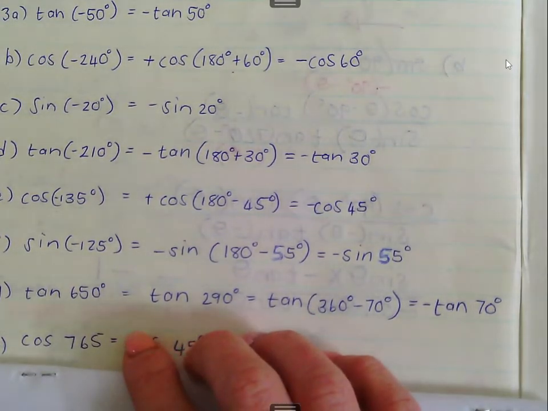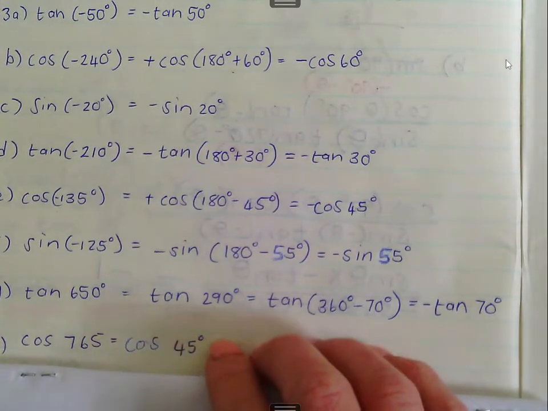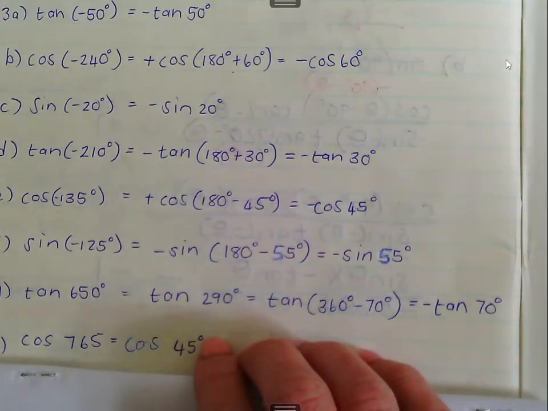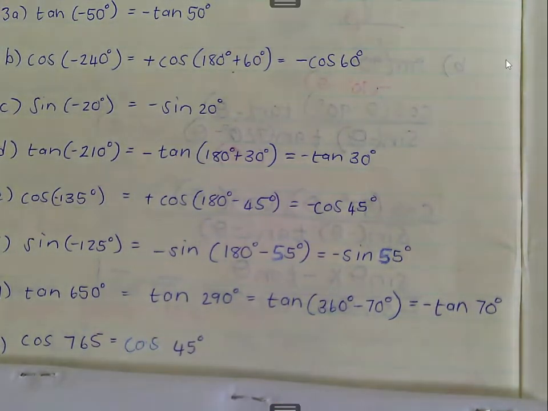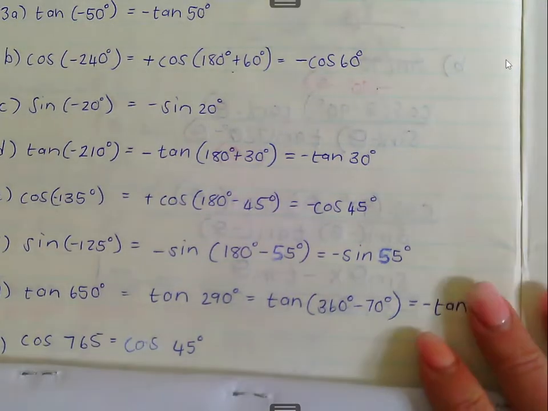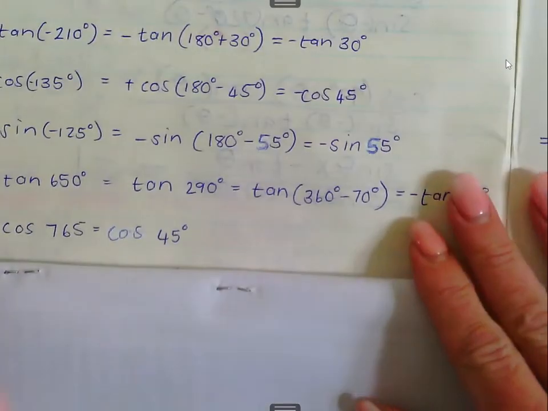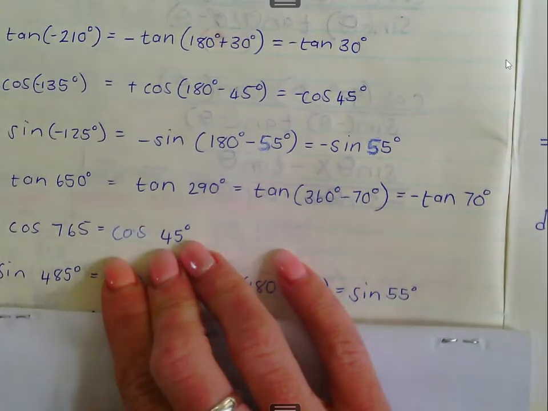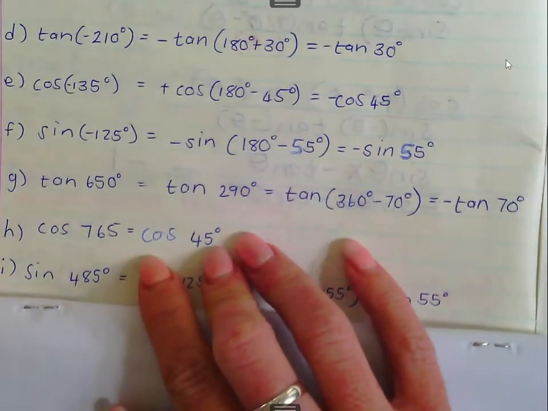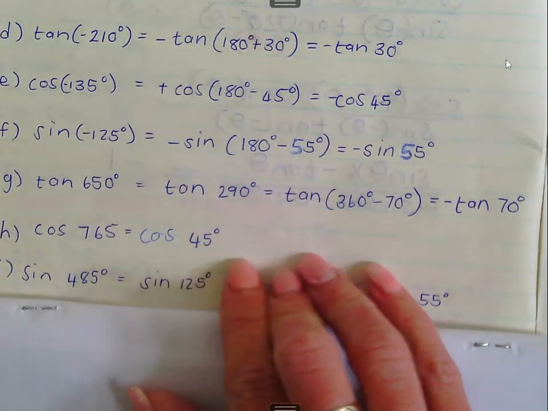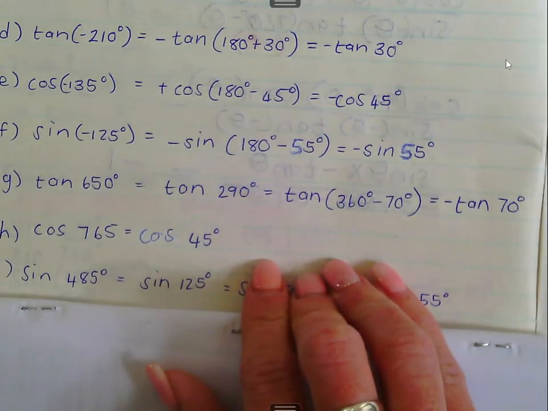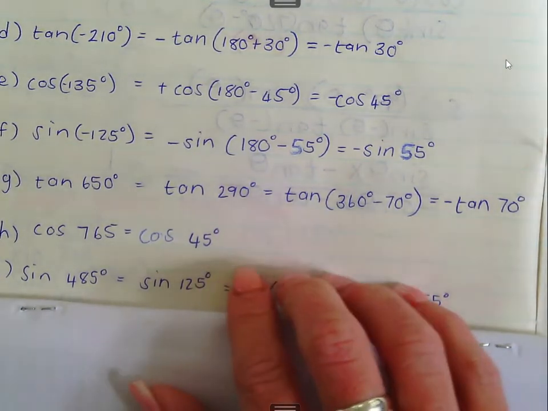Cos 765, I subtracted 360 twice. And then it's just cos 45. Right, sin 485, I'll subtract 360, then I have 125. 125 is not reference yet.